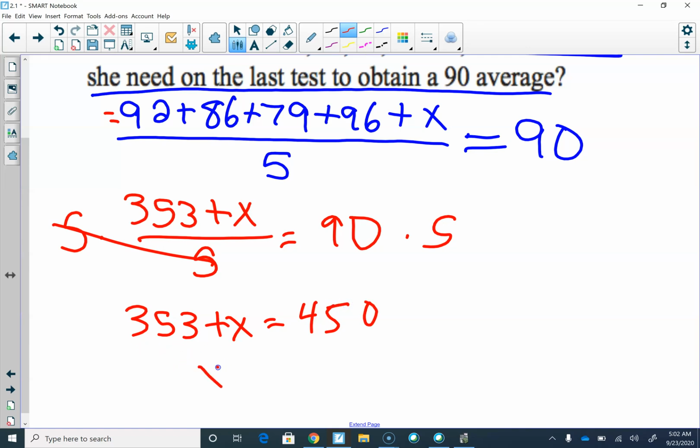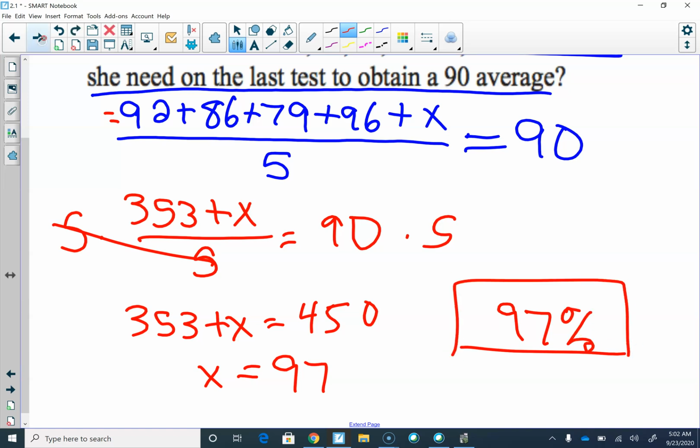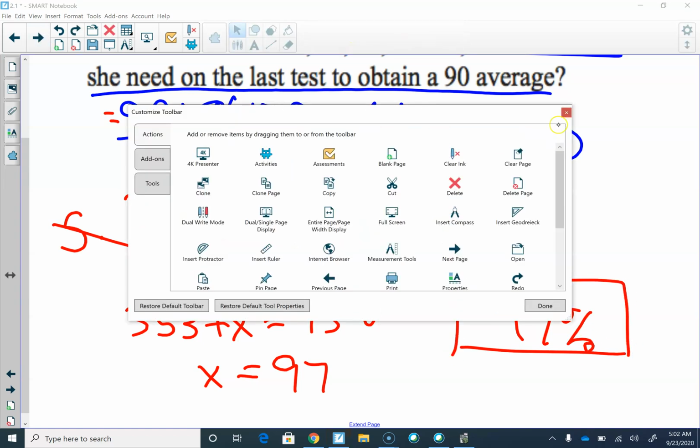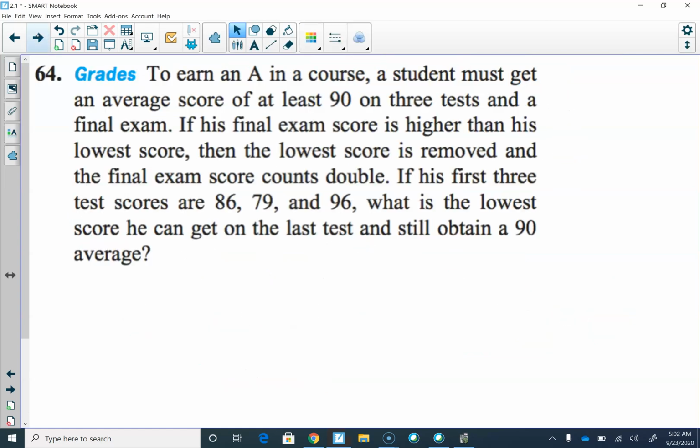And then I'm going to subtract 353 to get the number 97. So she needs to have a 97%. And 64 is the same, so I'm going to let you do that on your own.